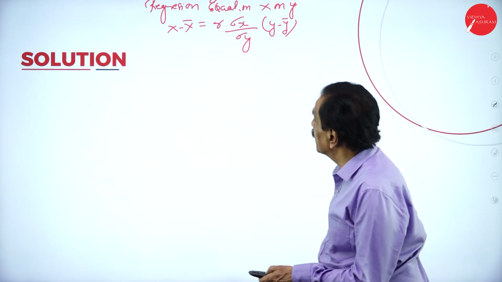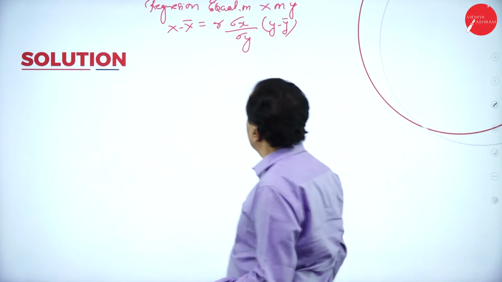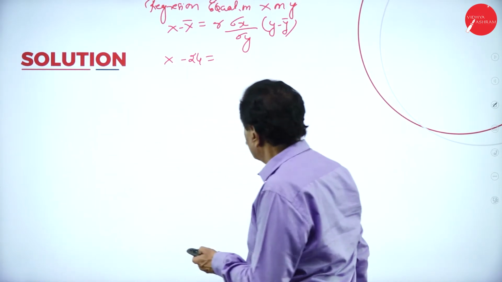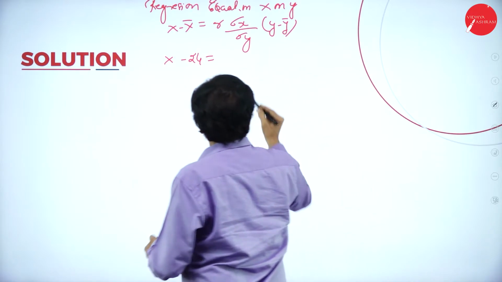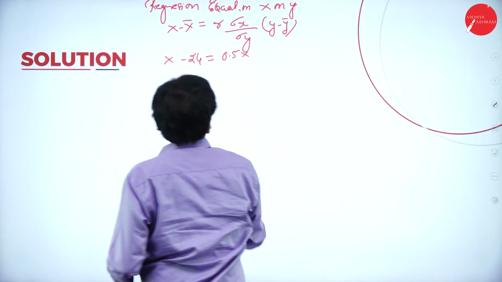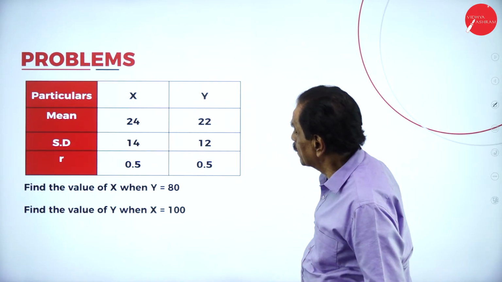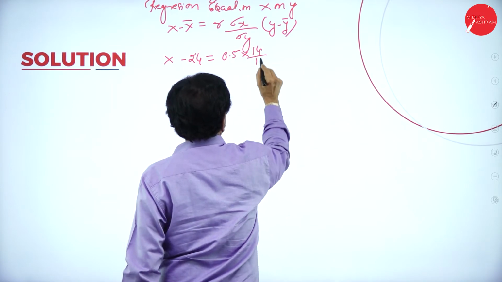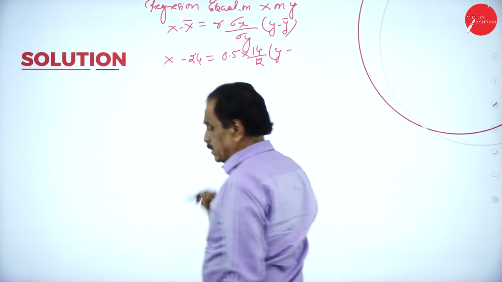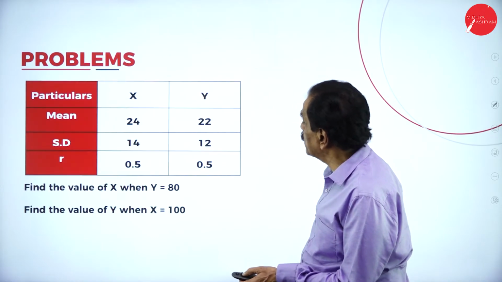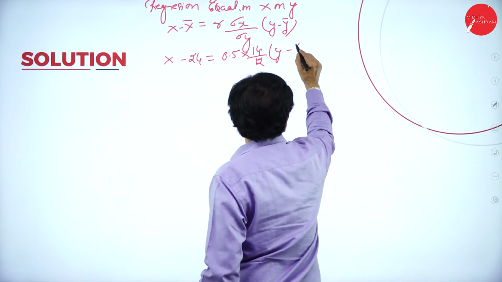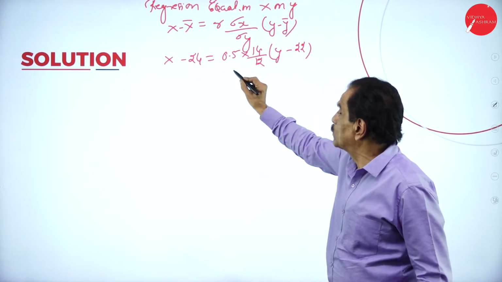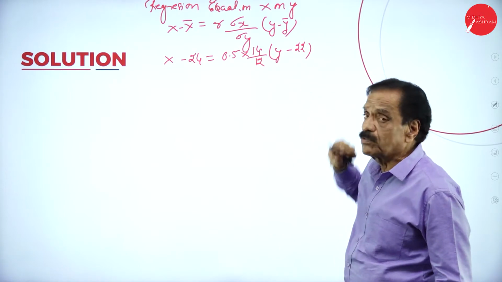We slowly apply. X minus x mean is 24. R is 0.5, standard deviation x is 14 divided by 12, into y minus y mean, which is 22.